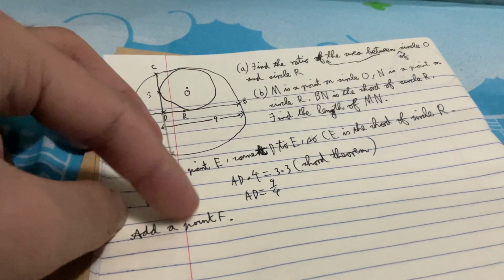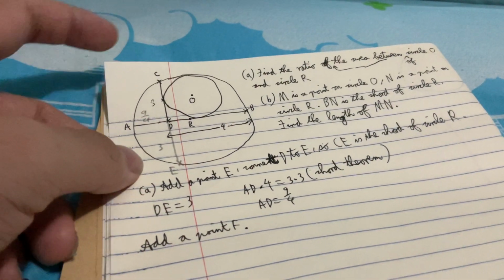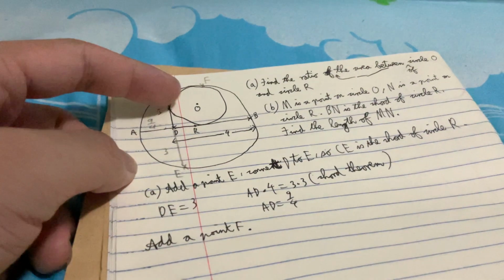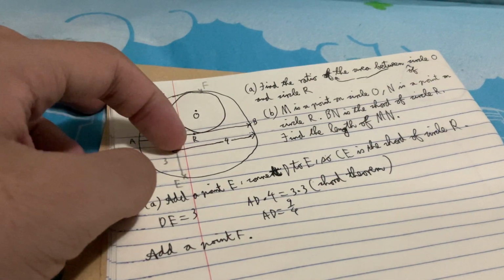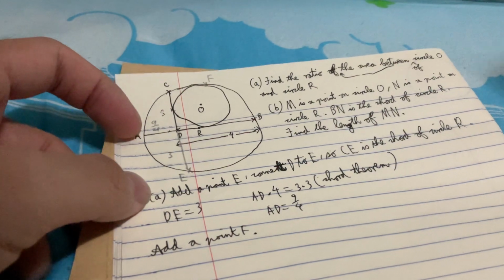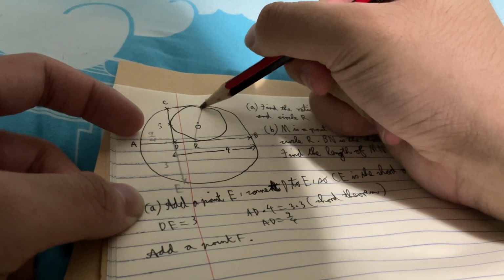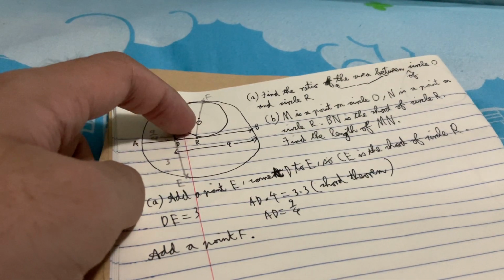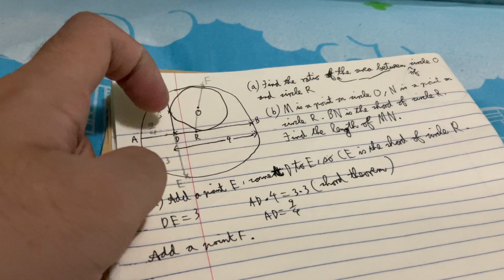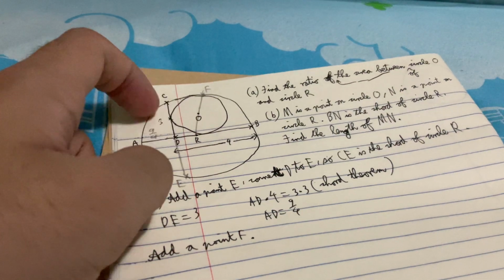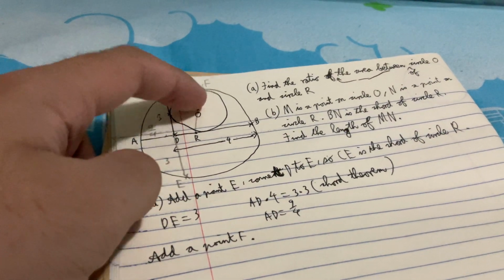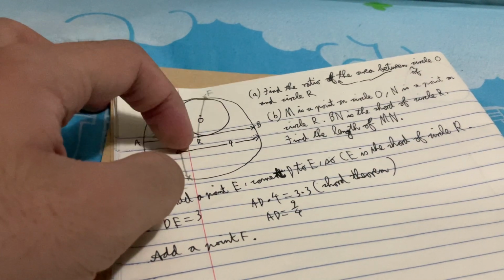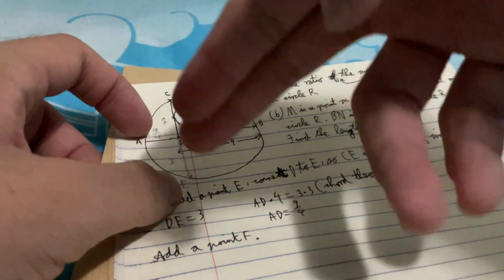This F is a point on the circle R, and then we connect R to O to F. So R, O, F are on a straight line, so we can conclude that RF is a straight line, and all three points are on the line RF.